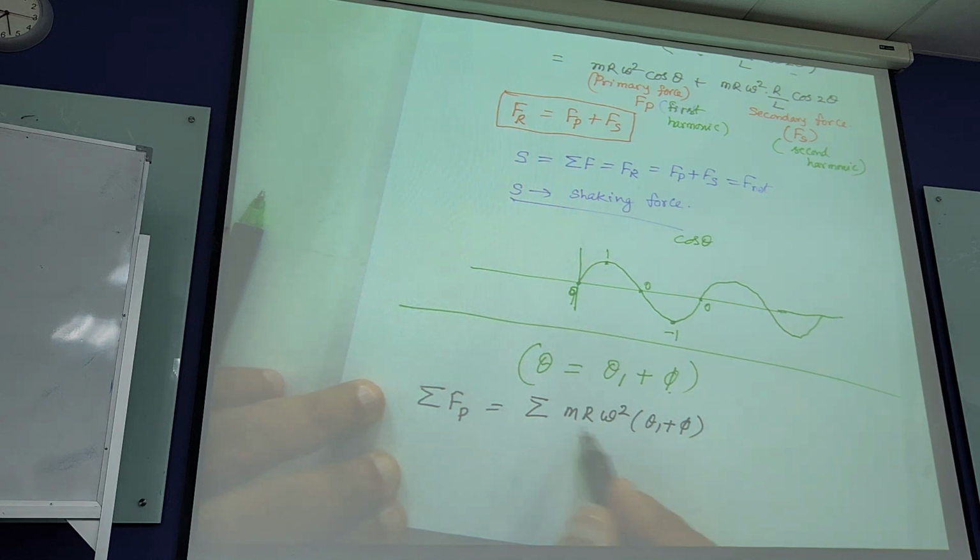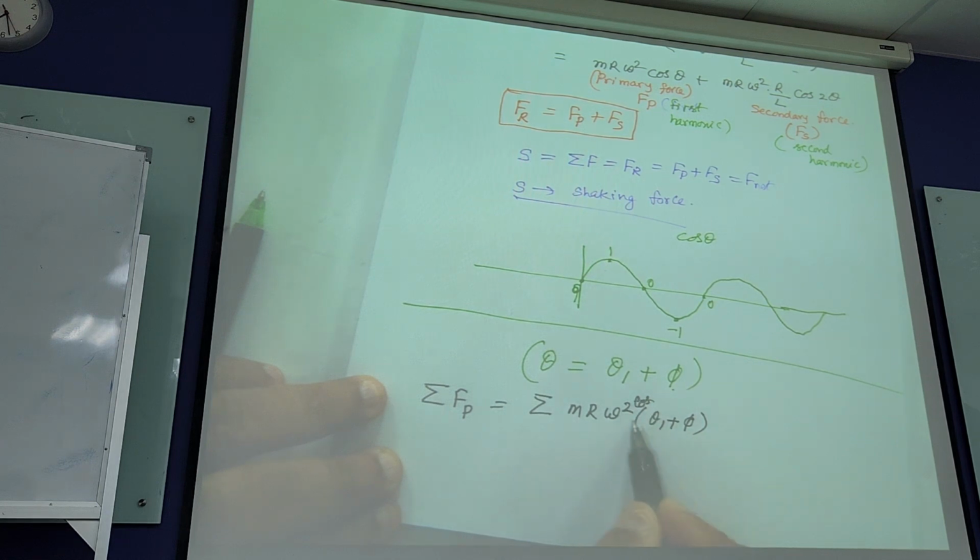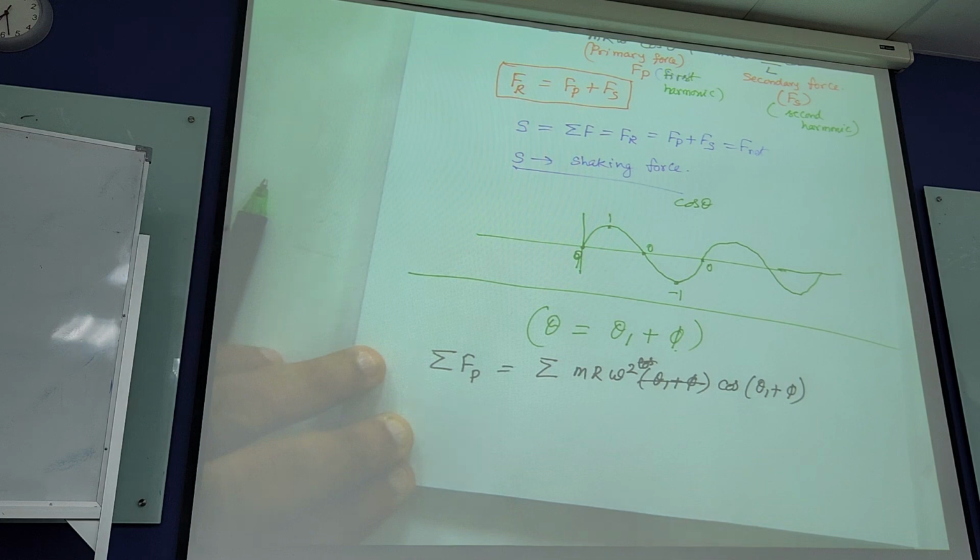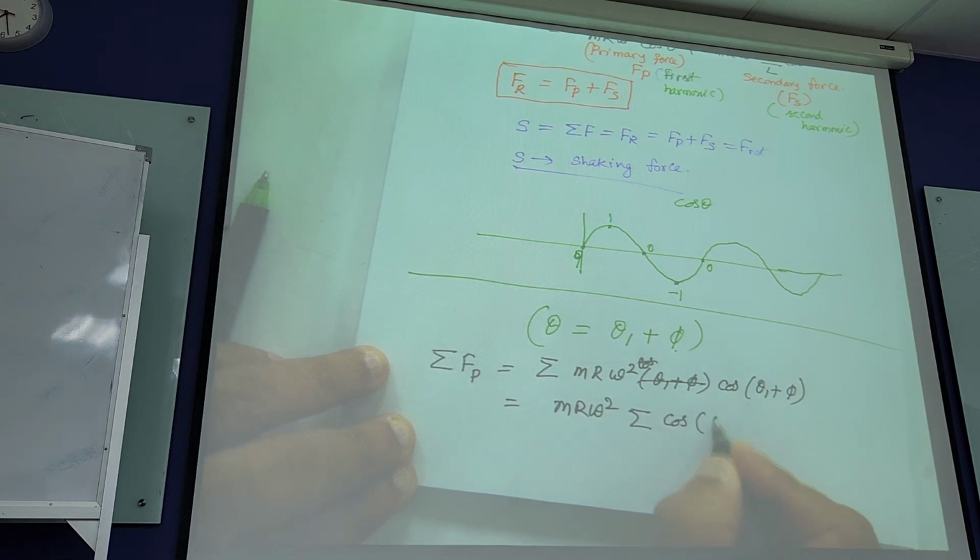I'm sorry, I need to write cos here, so it should be cos of theta 1 plus phi. Here m r omega square is constant. Depending on the number of cylinders, we can write this as cosine of theta 1 plus phi.